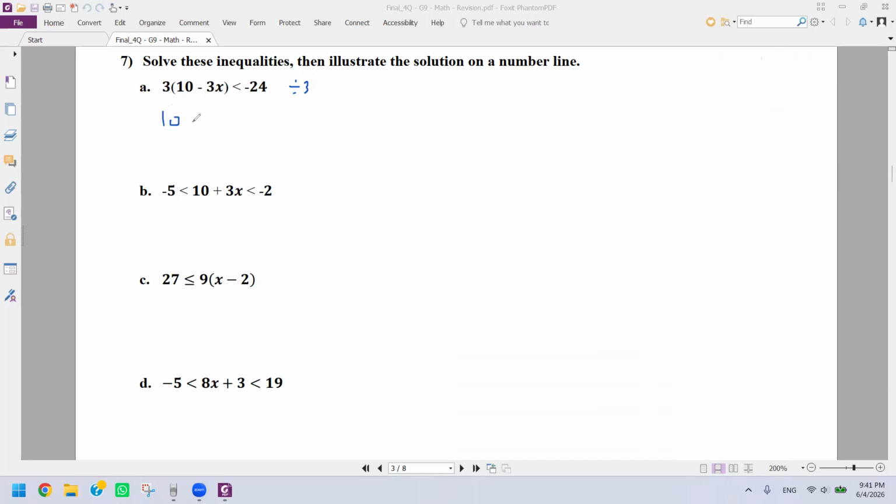I will have 10 minus 3x less than minus 8. 24 over 3 is 8. Then what do I have next to 3x? I have plus 10. So I will subtract 10. So now I have minus 3x less than minus 8 minus 10, which is minus 18. Now minus 18, I should divide it by minus 3.